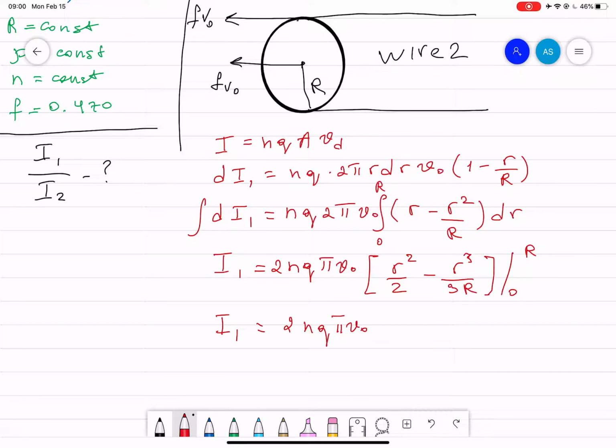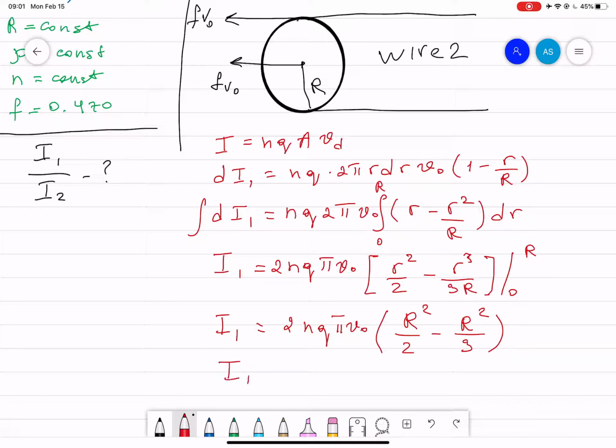If you plug in the numbers directly, you get r squared divided by 2 minus r cubed over R, where one R cancels out, so it means r squared divided by 3.